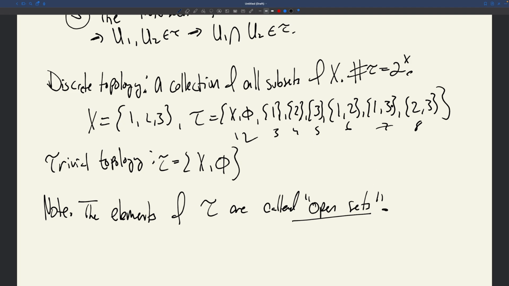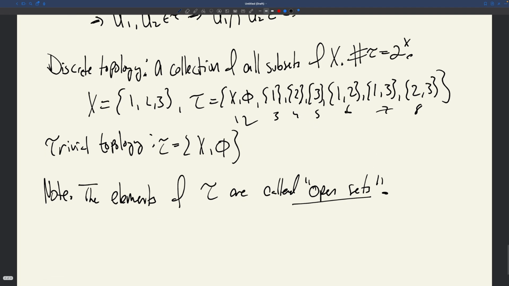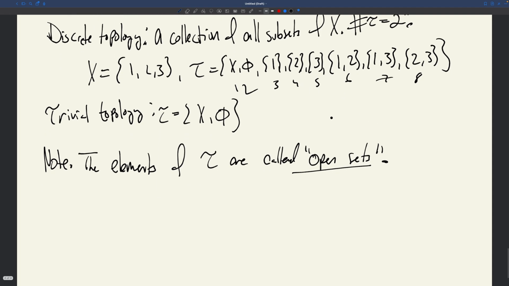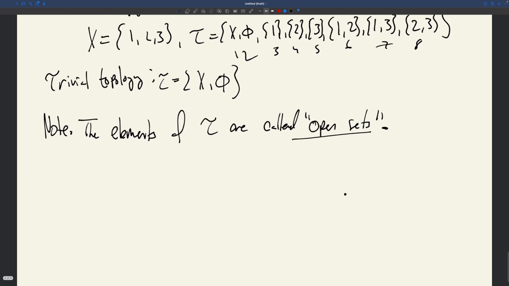So each of these elements themselves are going to be open, and there are concepts of closed topologies. I don't recall if Munkres is going to explain that in the future, but in case it does, I'll just go ahead and leave this, just calling all elements open for now. But there is such a thing as closed sets, which I think Slender has mentioned before.